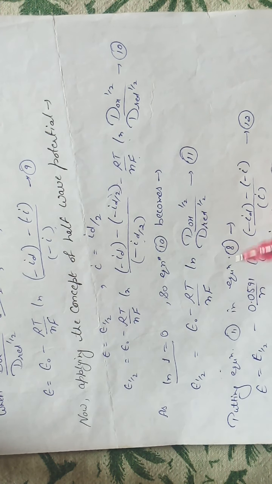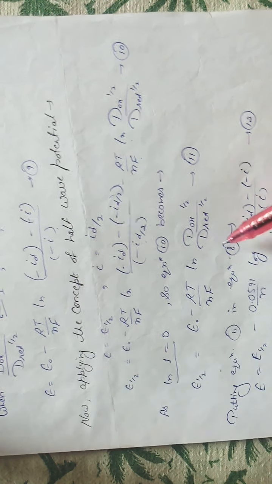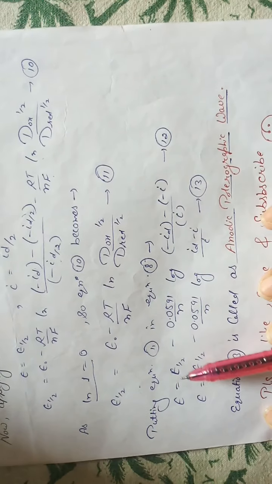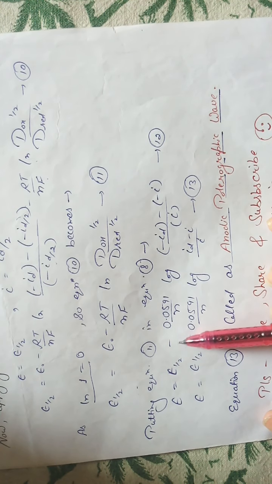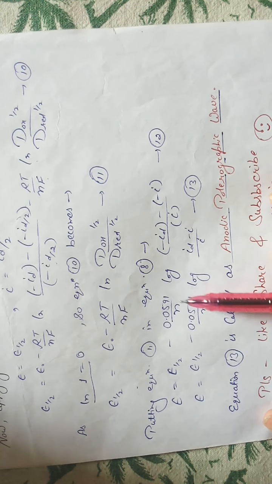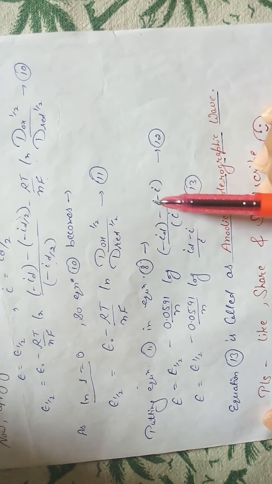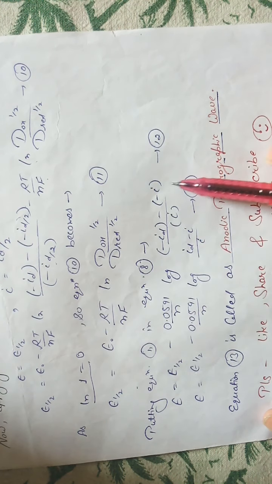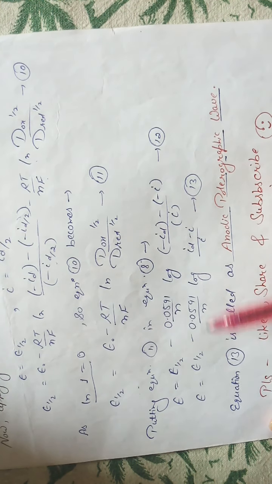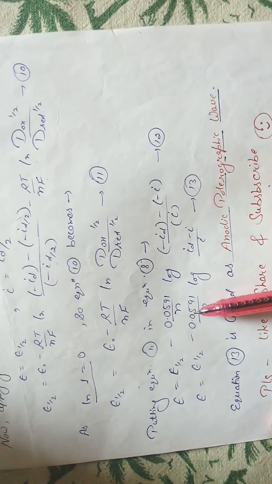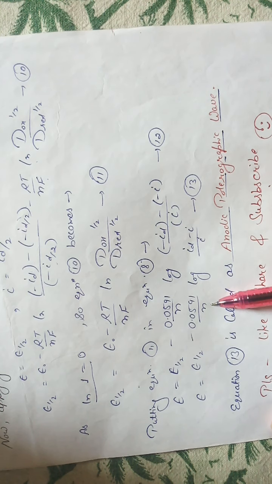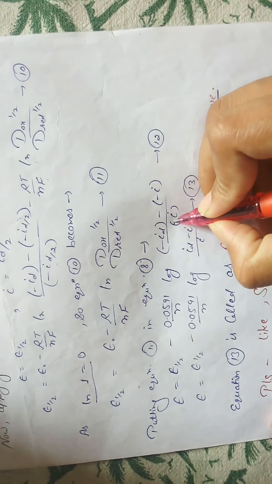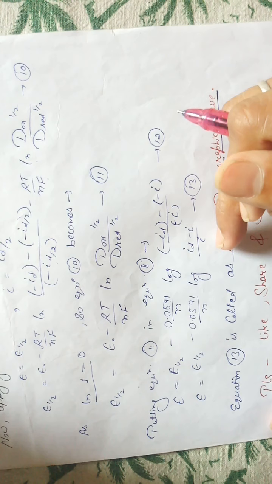Putting equation number 11 in equation number 8, E is equal to E half minus 0.0591 upon n log of minus of (Id minus I) upon I, equation number 12. This I is from equation number 8. So E is equal to E half minus 0.0591 upon n log of (Id minus I) upon I; the minus signs are common and cancel each other.